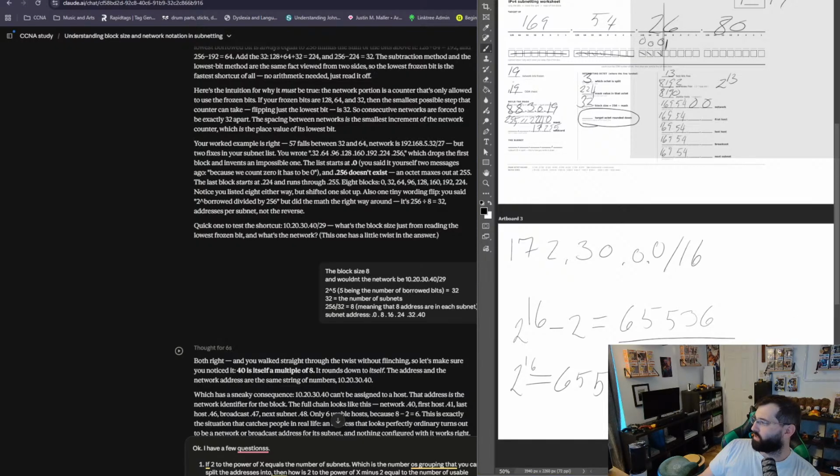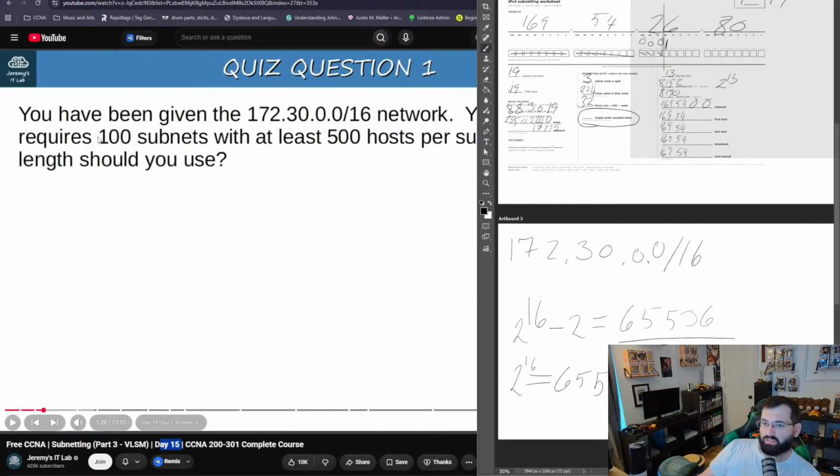So that would be 256 divided by 512. Dang it, I hate when I put it in there backwards. I always forget which way it needs to go into the calculator. So that's 2 subnets. But the question is asking, your company requires 100 subnets with at least 500 hosts.